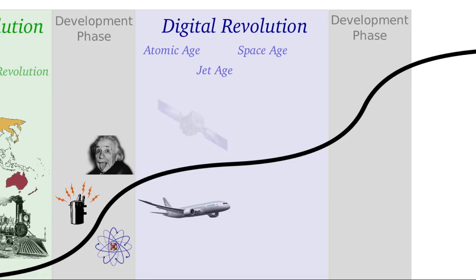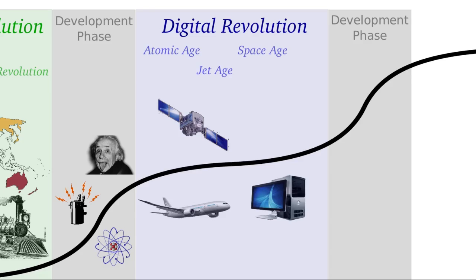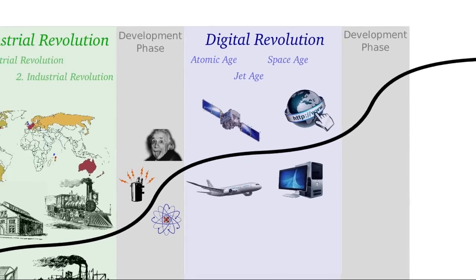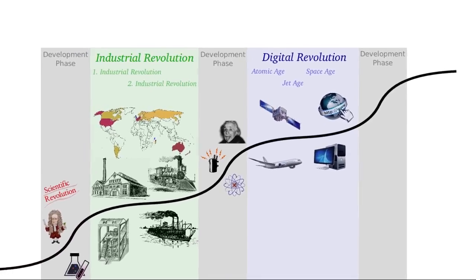The exploration of space started and satellites were brought into the Earth's orbit. Computer technologies were invented and are nowadays found in almost every household on the planet and countless technical devices. And of course, the World Wide Web and the Internet connect all people on Earth and reshape our civilization once again. So let's have a look where we are now.